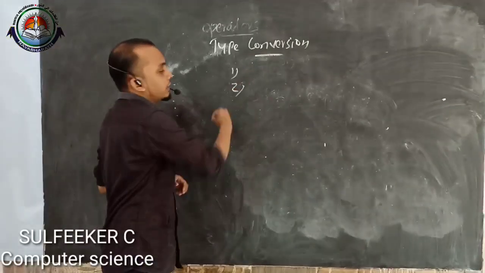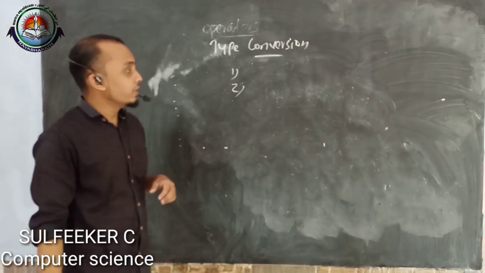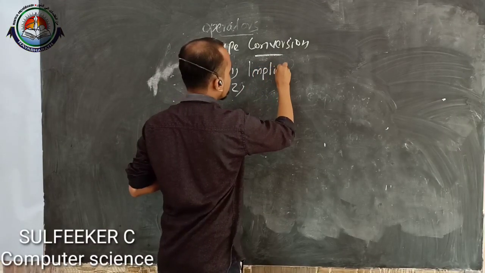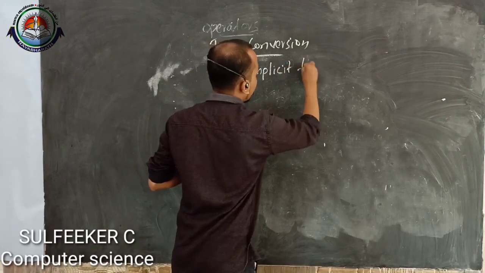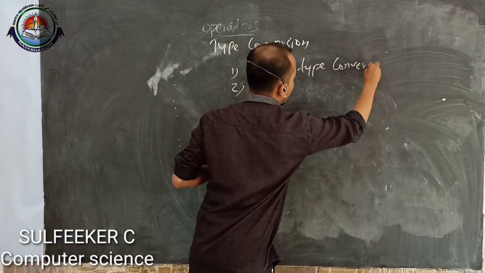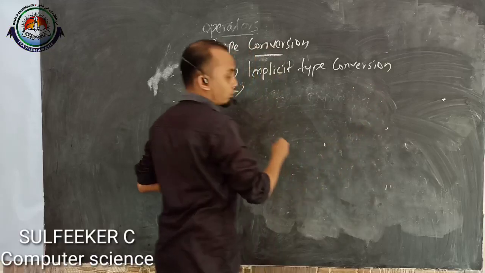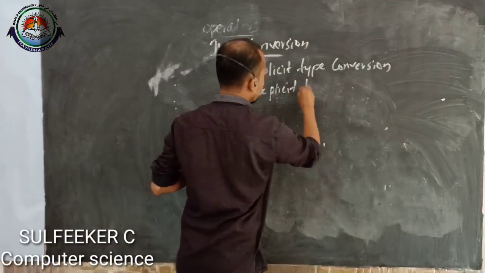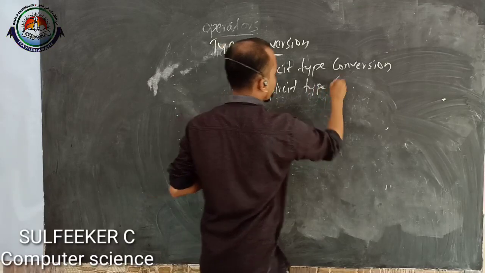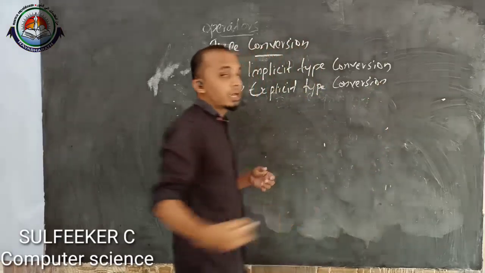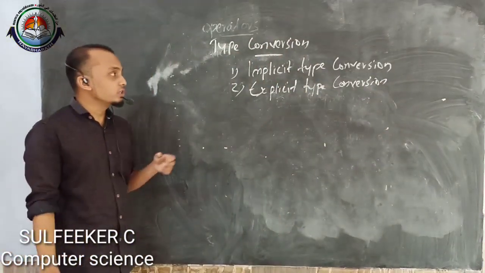Type conversions are mainly divided into two types. First one is implicit type conversion. Another one is explicit type conversion.